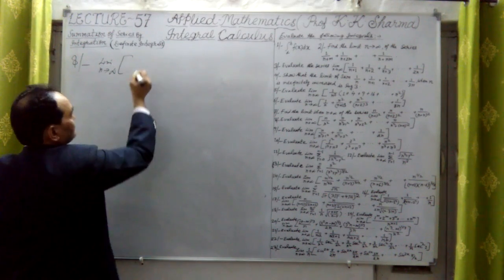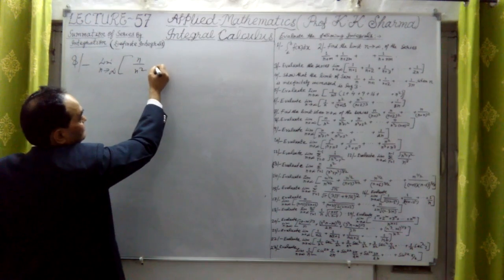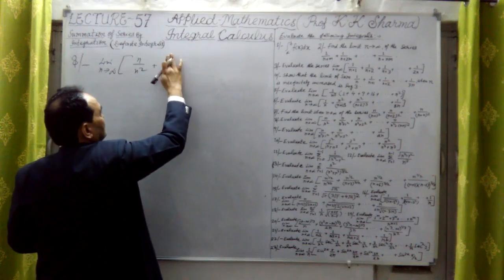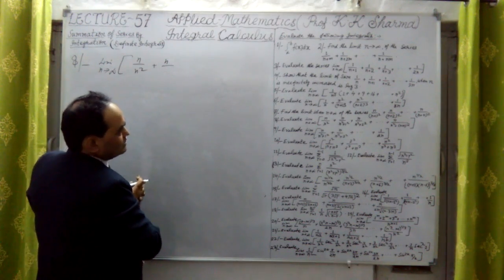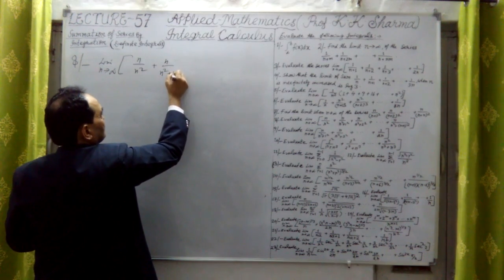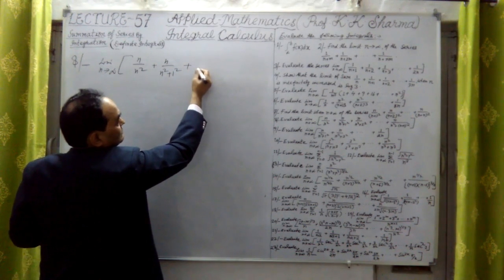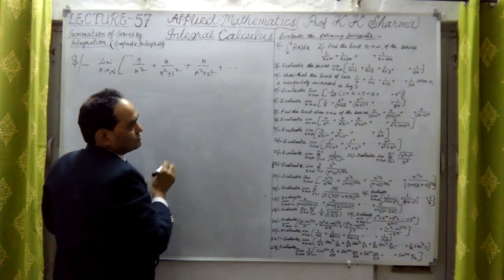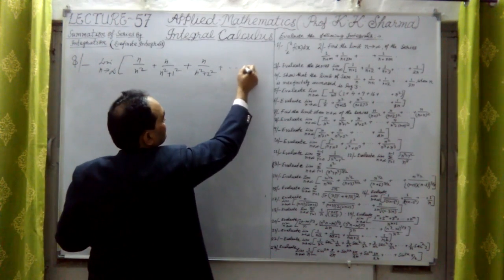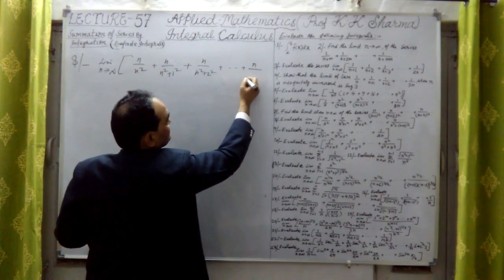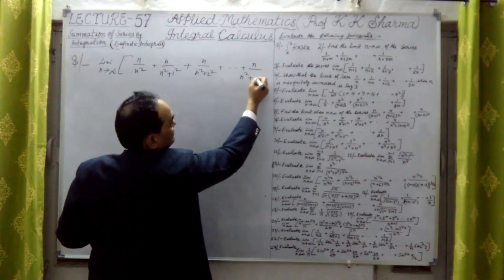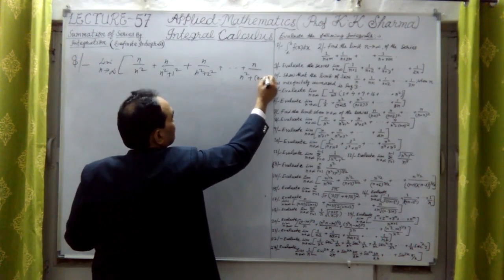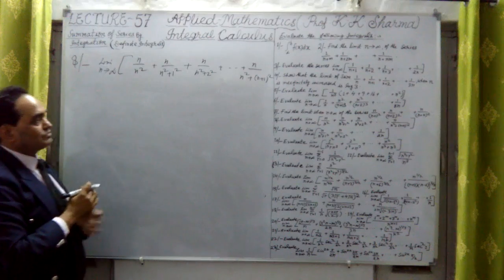What is the series here? It is n upon n square, plus n upon n square plus 1 square, plus n upon n square plus 2 square, plus and so on, and last is plus n upon n square plus n plus 1 whole square.